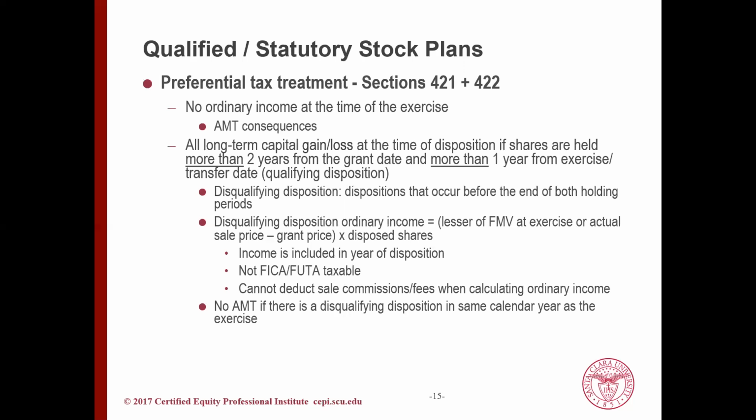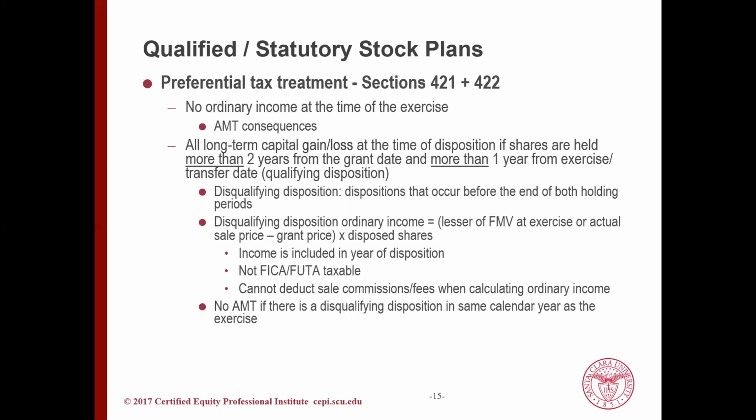The income is included in the year in which the shares are sold, and there's no FICA or FUTA tax as a result of the treatment under 421 and 422. When you calculate the ordinary income, don't subtract out the commissions before you do the calculation.